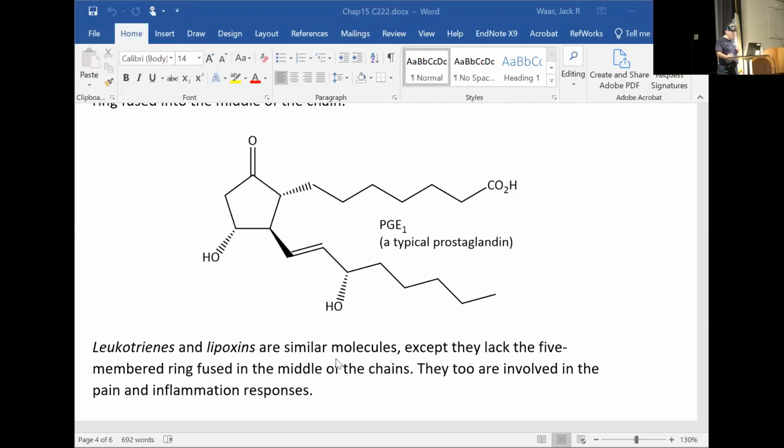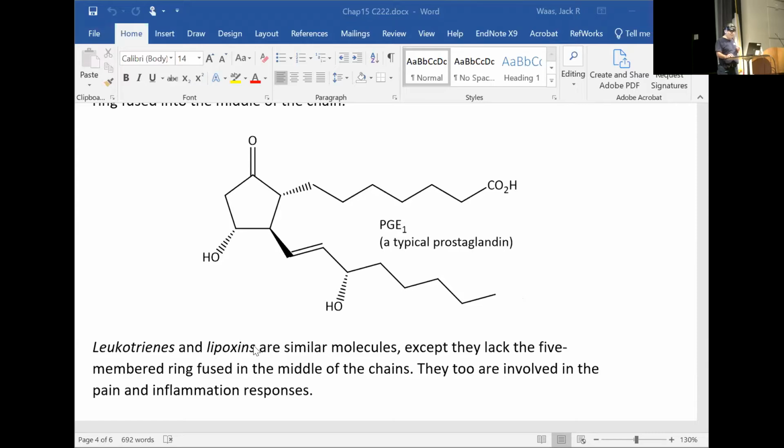There are other molecules that are similar, except they don't have the 5-membered ring, so maybe this bond wouldn't be here. But these would look basically like fatty acids, except with other functional groups along the fatty acid chain, and that would include your leukotrienes and lipoxins.